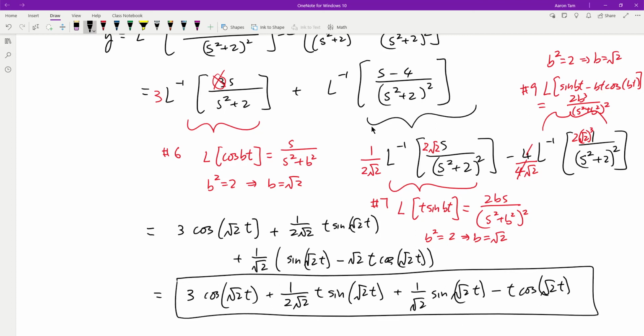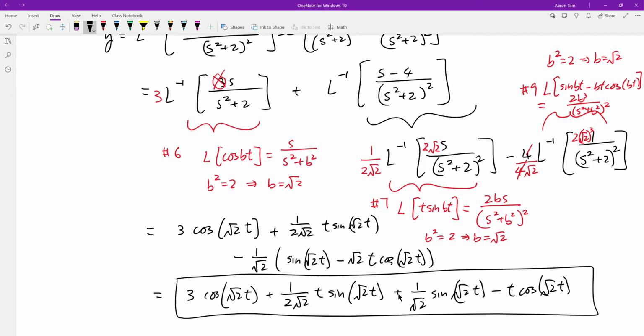I tried to figure out how to plug into the formula. All right. Oh, actually, let me see. I actually made a mistake right here. Let me fix that right now. It should be minus right there, because that comes from this minus right here in front of the 4.